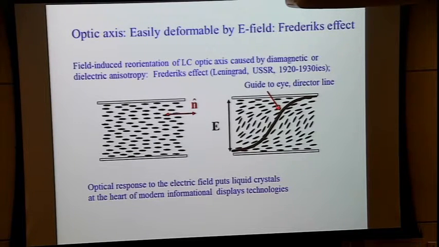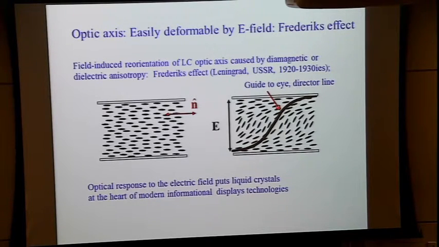So this is the example of the classic effect that we call Frederiks effect, how the liquid crystal reacts to the application of an external field. Imagine you have the liquid crystal between two glass plates, and these plates impose tangential orientation of the director. The director will be happy in this state if there is no external field. But if you apply the electric field, for example along the vertical direction, you can simply do it by coating the glass plates with indium tin oxide, a transparent electrode, on top and on the bottom.